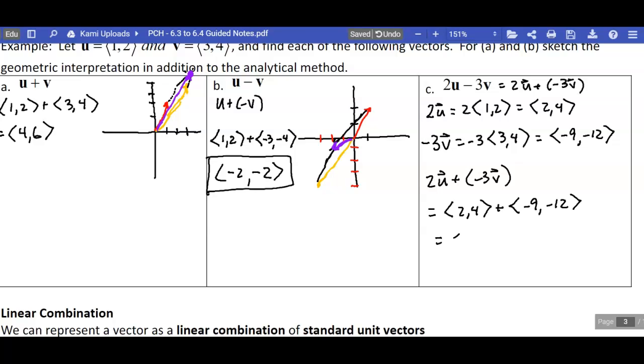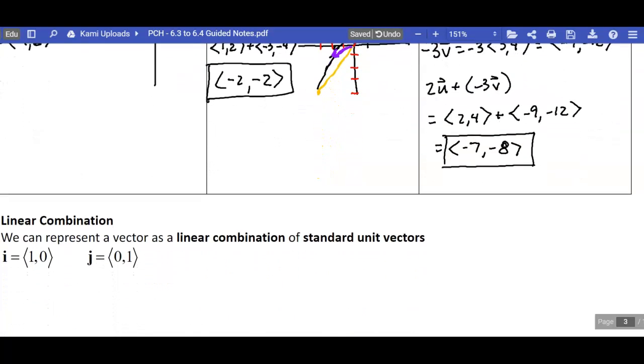So 2 minus 9 is negative 7, and 4 minus 12 is negative 8. All right, and you can graph this too. You're going to have to double u, and you're going to have to triple v and flip it in the opposite direction. But this is sufficient for this.